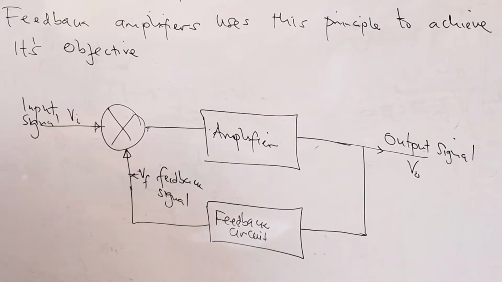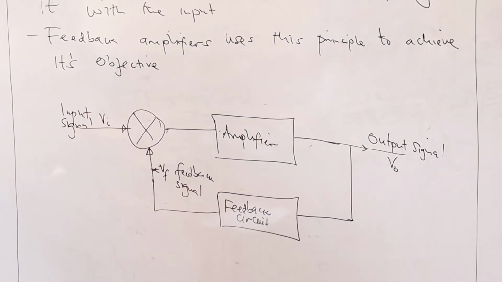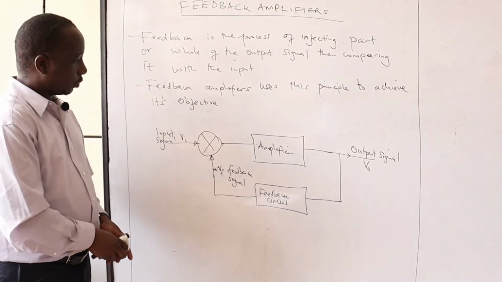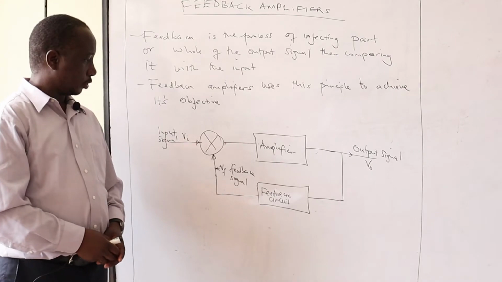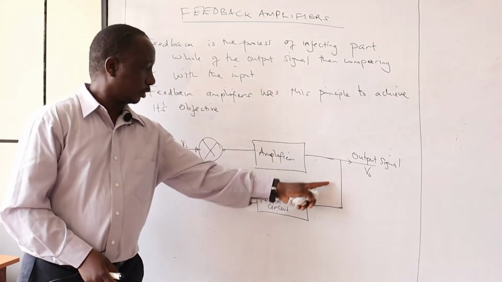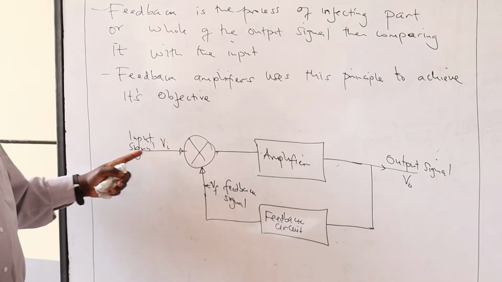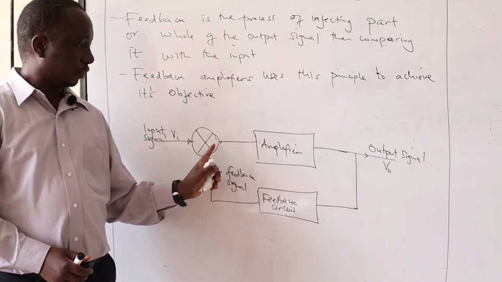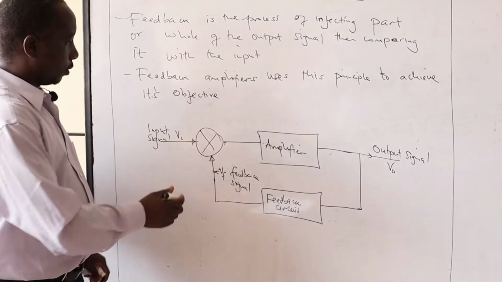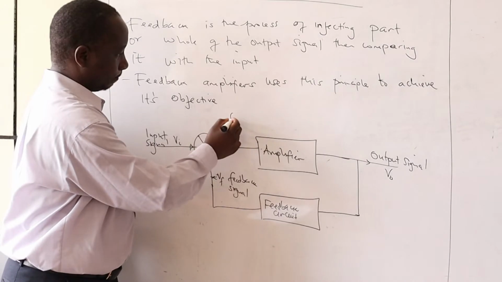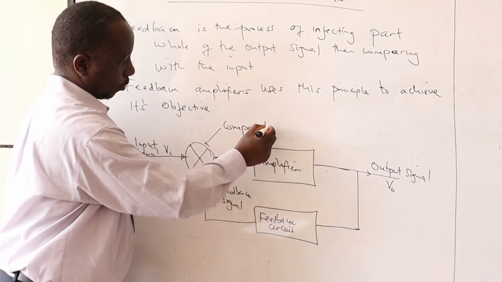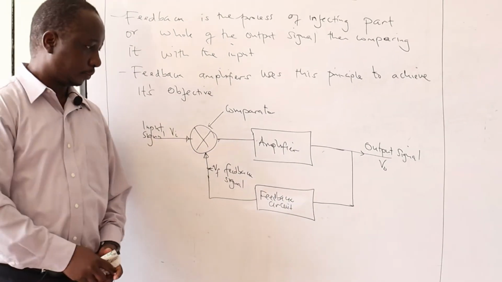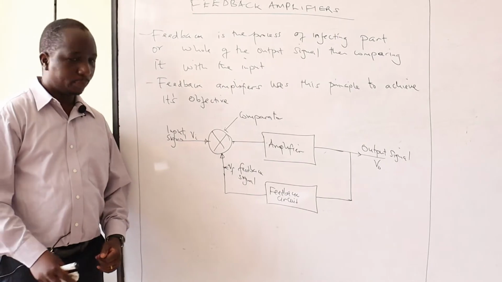There are two types of this feedback signal. There's a basic block diagram, and in this case you can see there's an amplifier, and also there is a feedback circuit. In this case you are taking the output signal and feeding it back to the input, in comparison with the input signal, to produce an error signal that is amplified. So there are basically two types of feedback amplifiers.